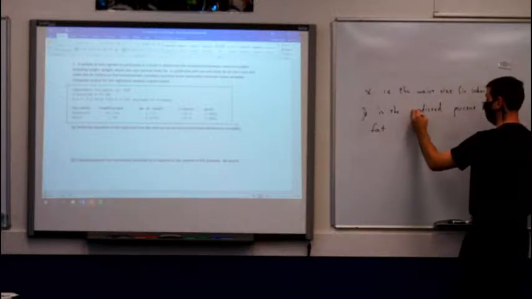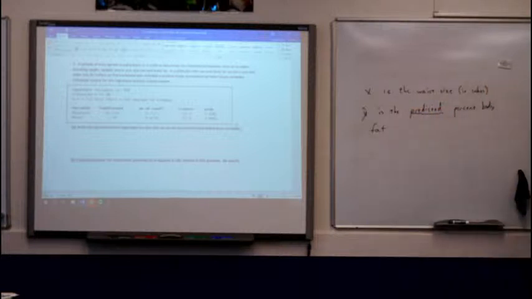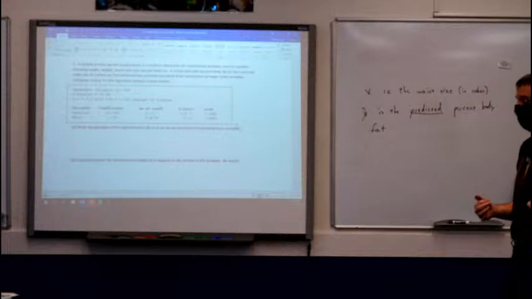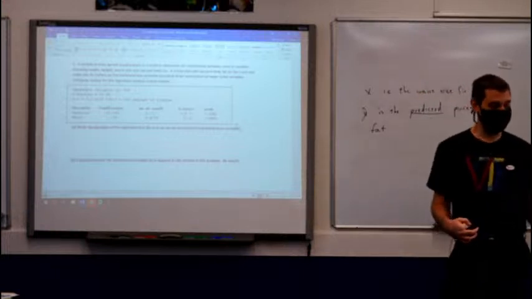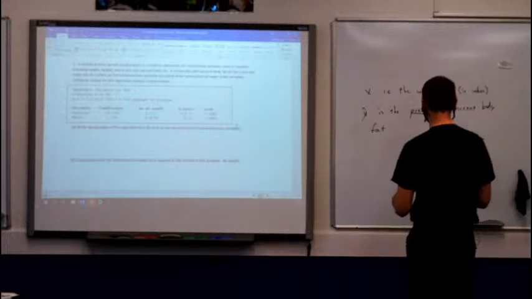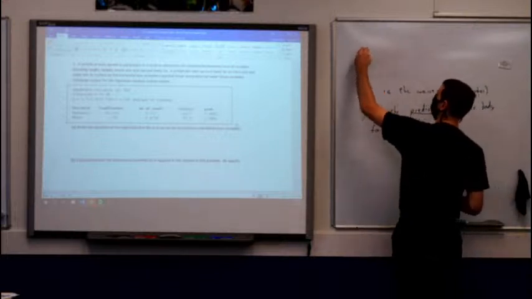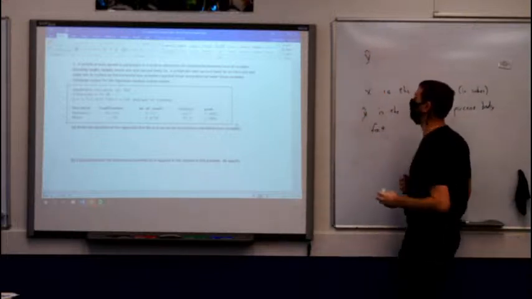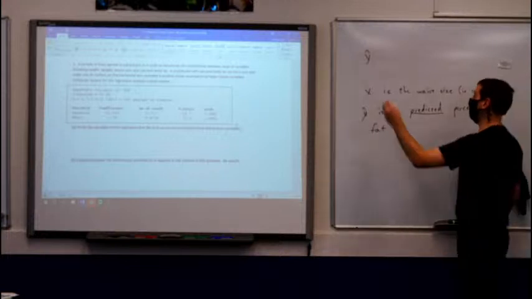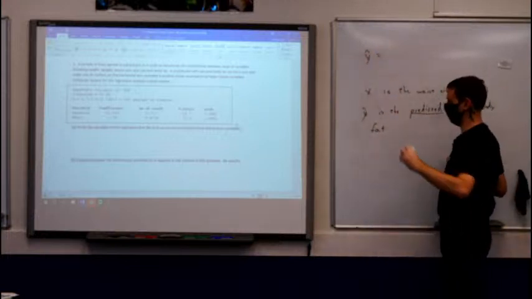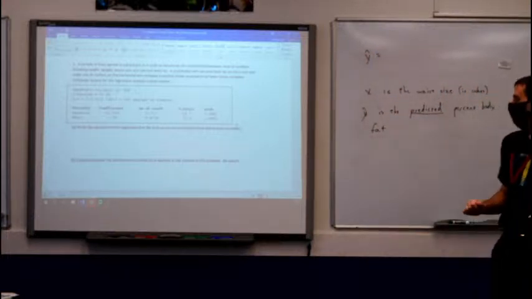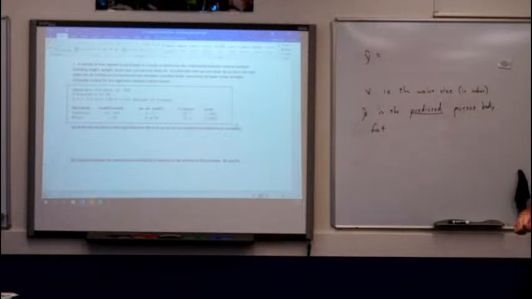You want to make sure this word predicted is in there. Anytime you're talking about y in the equation, you should have a y hat, and it should be a predicted amount. We're making a prediction based on putting in values for x. Y hat equals, which one's the y-intercept?